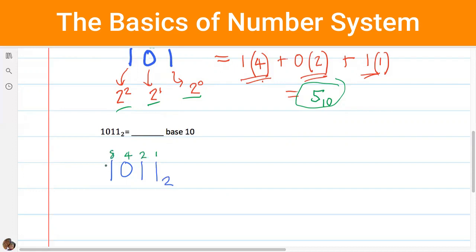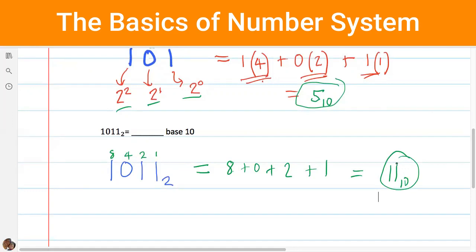Now, 8 multiplied by 1 is 8. 0 multiplied by 4 is 0, of course. 2 multiplied by 1 is 2. 1 multiplied by 1 is 1. So this is 10 plus 1, which gives you 11 in decimal form. So the binary number 1011 is equivalent to 11 in decimal form.